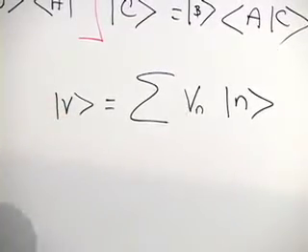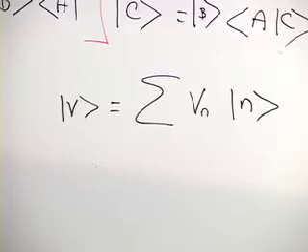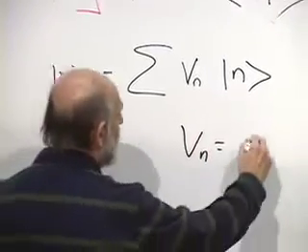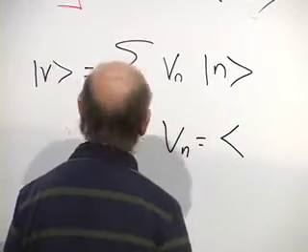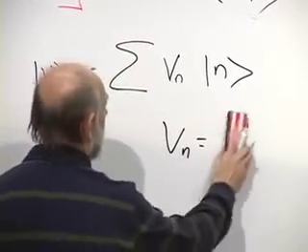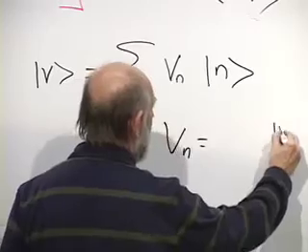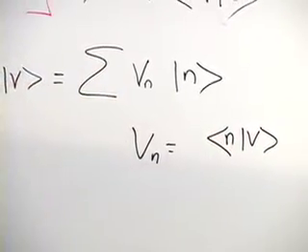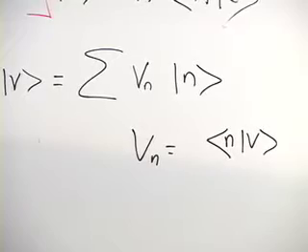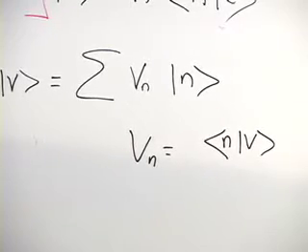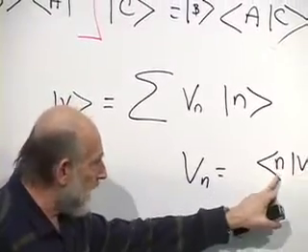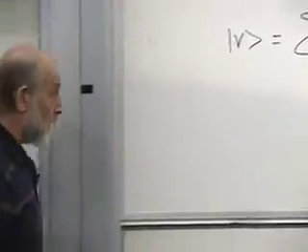What are these coefficients v sub n? The coefficients v sub n are equal to the inner products of v with the basis vector n. The coefficients themselves are nothing but the inner product of the vector that you're expanding with the basis vectors themselves.